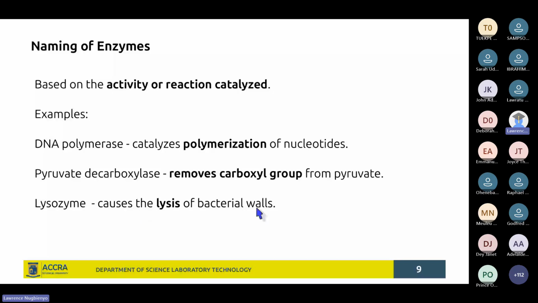That breakdown, the process of the breakdown of the bacterial walls, is what you refer to as lysis, because it's a lytic process. And from it, you have the name lysozyme. This time around, it's not the suffix ase which is being added, but you have a suffix zyme that is being added there.